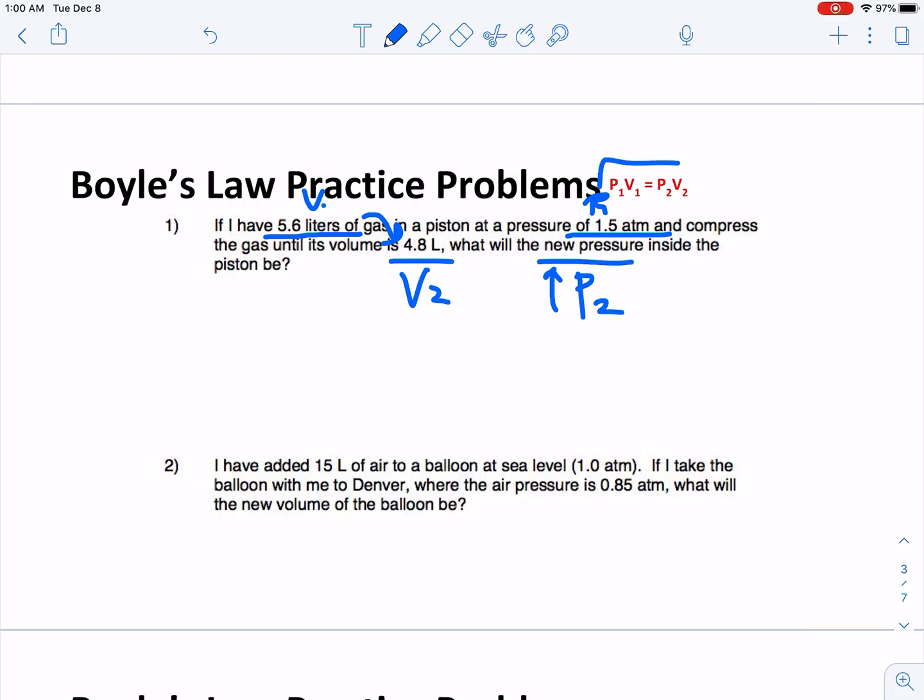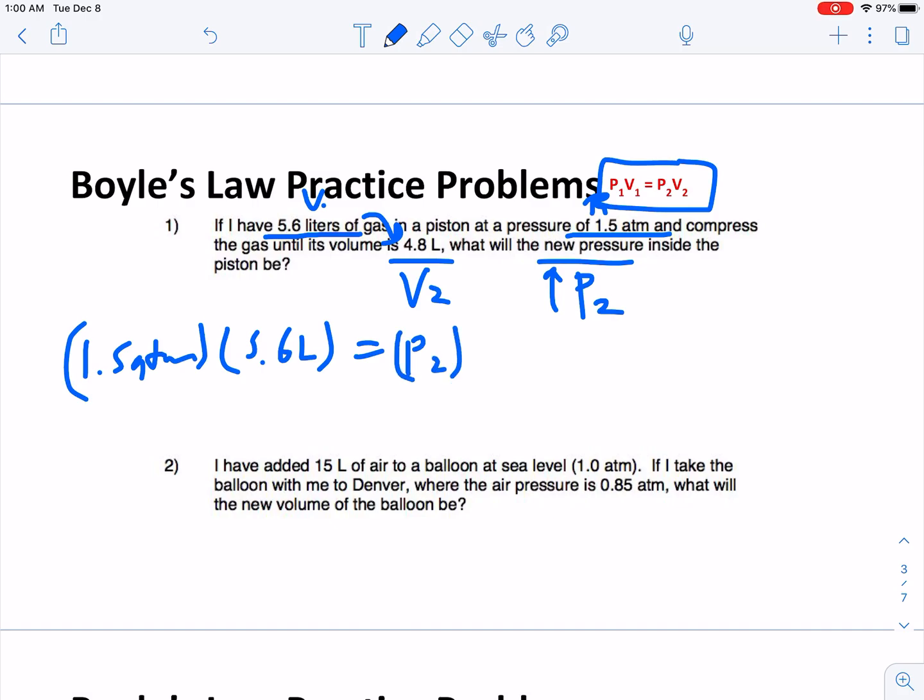So again, if I'm using this, P1V1 equals P2V2, then I'm going to go ahead and do 1.5 atmospheres times 5.6 liters is equal to our unknown P2 times 4.8 liters, which is the new volume.